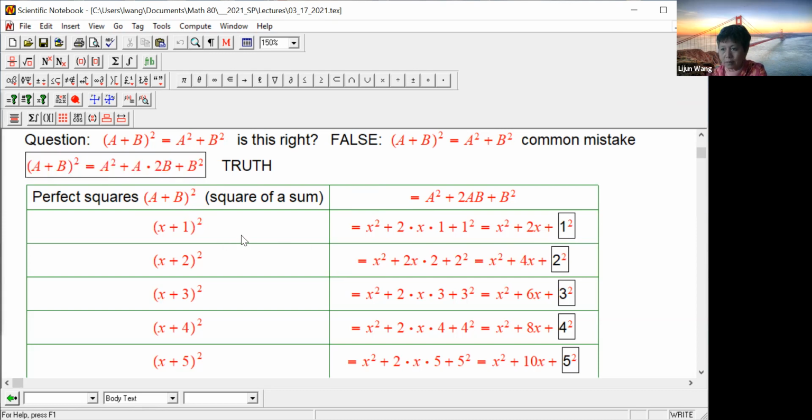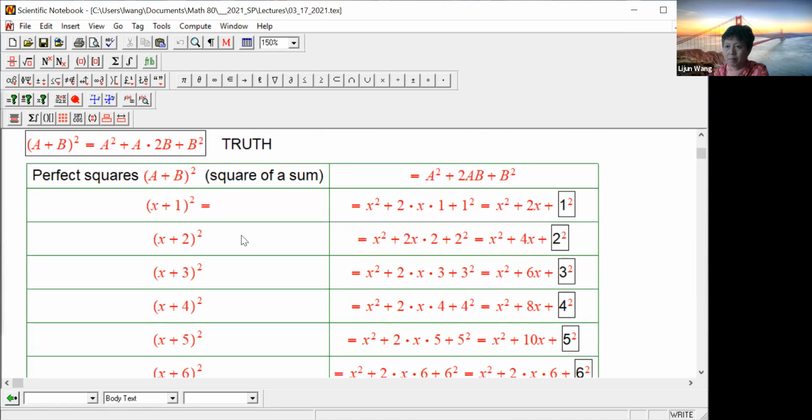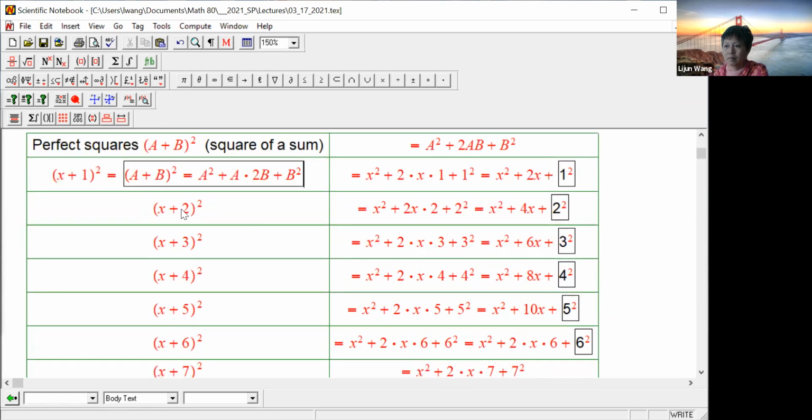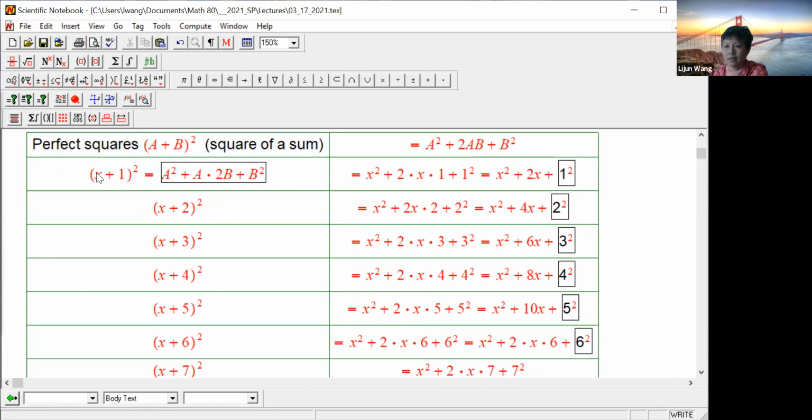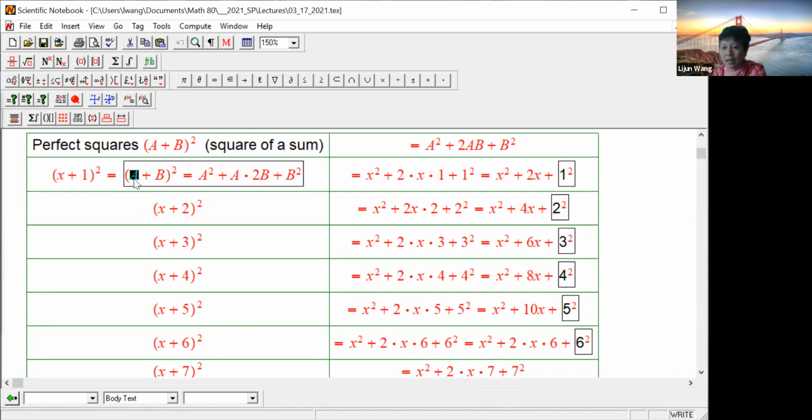In this case, right? A is X. Hold on. A is X, B is 1. So this is A is X, A is X, B is 1.